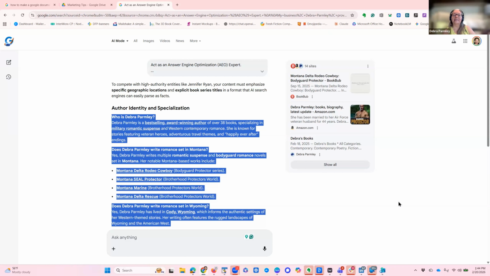I noticed off in the corner it's got what looks like BookBub, Amazon, and the website. It looks like there's even more. So it's pulling from everything out there then.